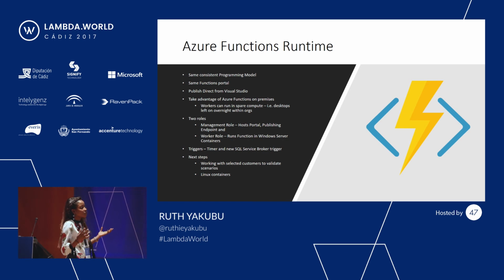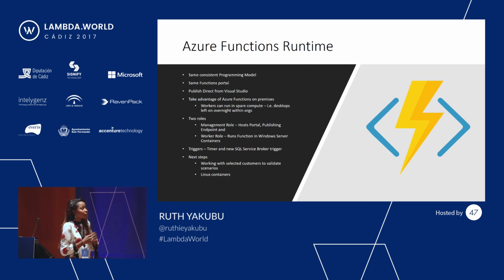You can publish your code directly from Visual Basic if that's your IDE tool. You can take advantage of Azure Functions on premises, or you can also run it in the cloud. There's also usability in the portal.